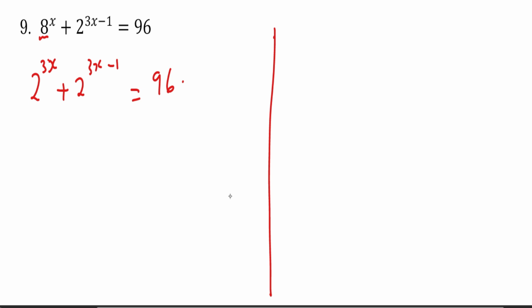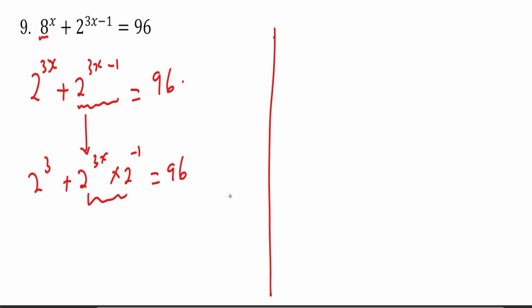Now you can break this into 2 to the power of 3x times 2 to the power of negative 1, which is equal to 96. Because if you're multiplying, basically you're adding the powers, so at the end of the day you get this one. So I'm just restructuring it again.